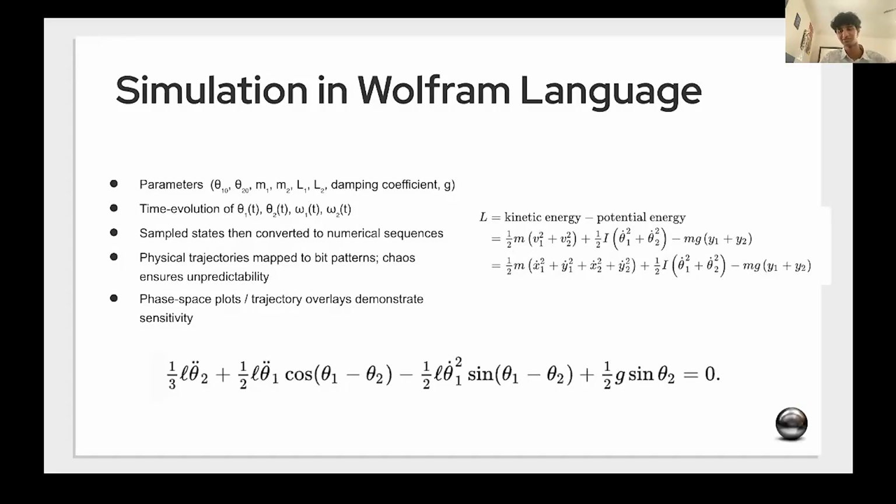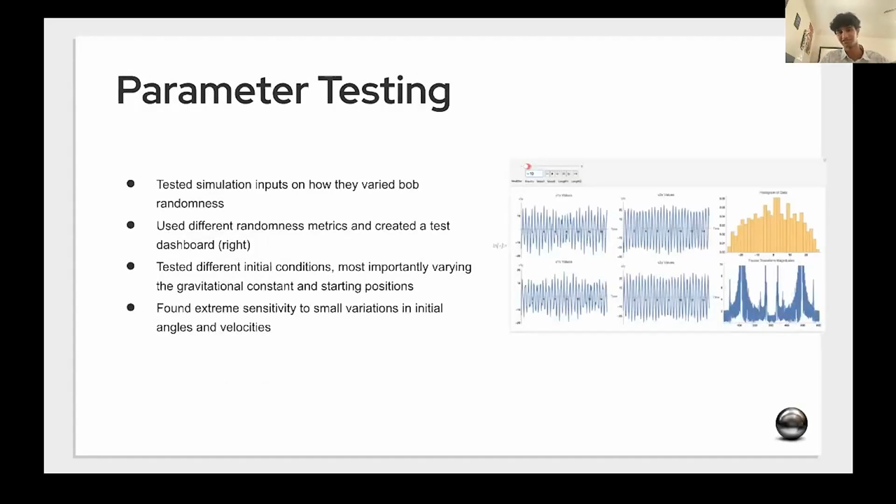Then, as I'll talk about on the next slide, we try to maximize the randomness that we get from this simulation. The next part of our project focused on parameter testing. I mentioned how we could take a bunch of initial conditions and see how they map physically in the animation of the double pendulum. But the animation alone is not what's going to help us. We need actual outputs from this simulation. So testing a range of initial conditions and how they map to outputs was the next part of the project.